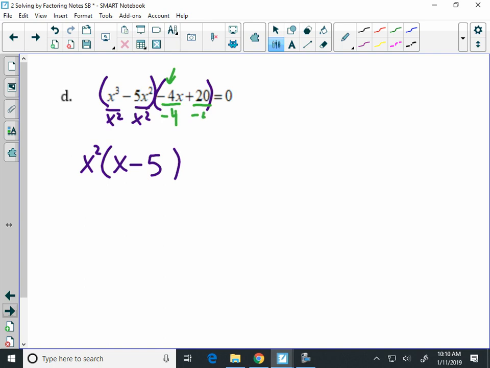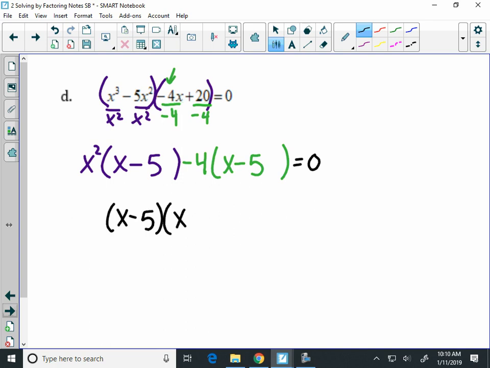It looks like the number is going to be negative 4. So I factor out a negative 4, and I'm left with x minus 5. And this is all equal to 0. So I write this in factored form. The x minus 5 comes down, and then x squared minus 4. Remember, you pull the terms from in front.